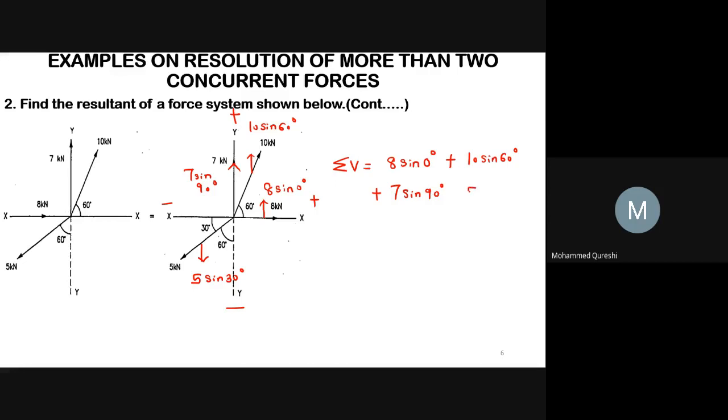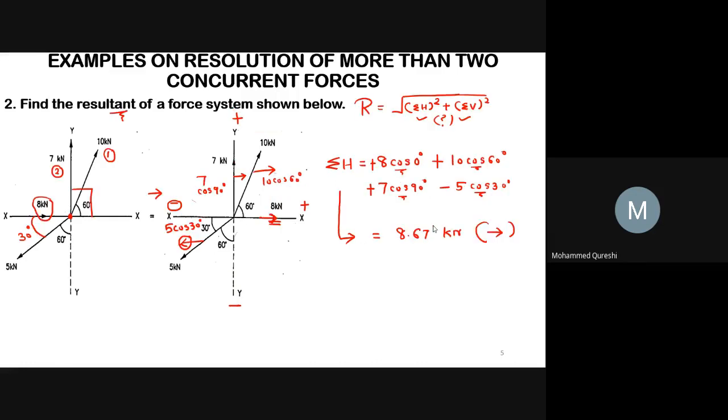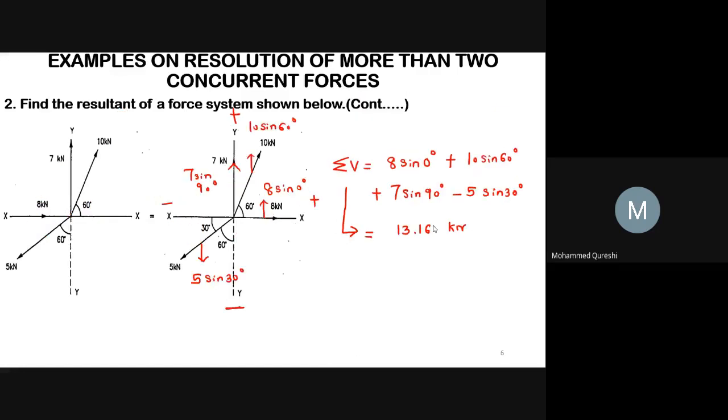And lastly 5 sine 30 degree. It is in the downward direction, so here it will be minus. So after solving the above components, you will get sigma v as 13.16 kilonewton. So here you got sigma h as 8.67 kilonewton, and sigma v as 13.16 kilonewton.